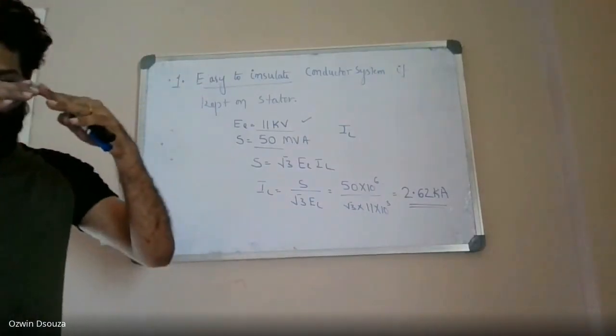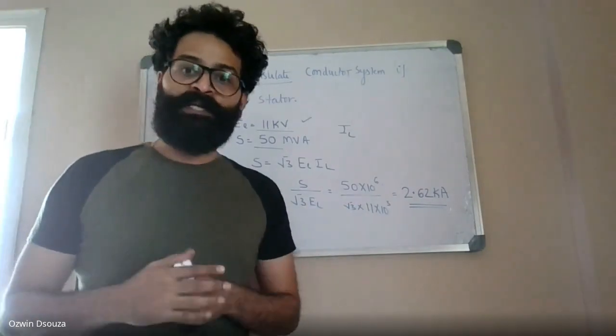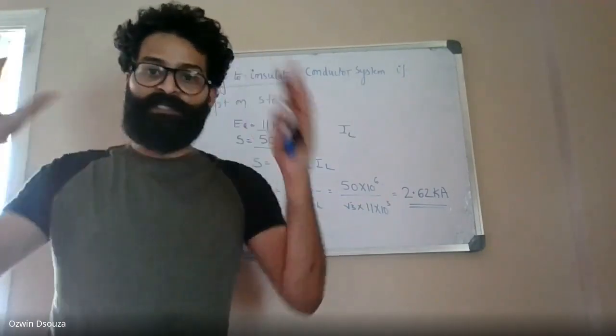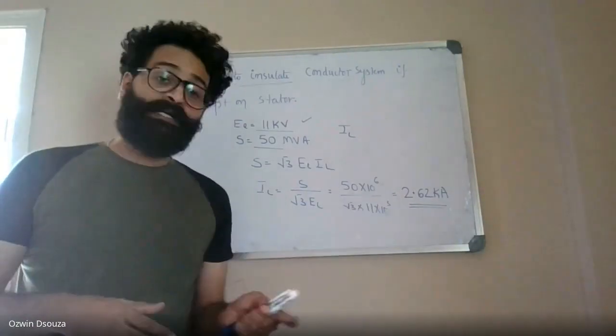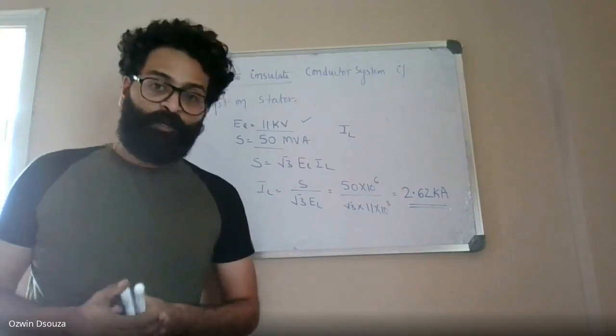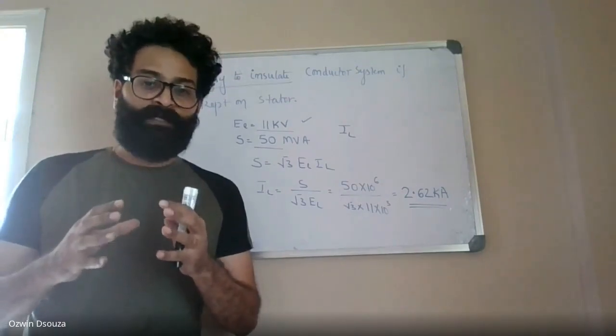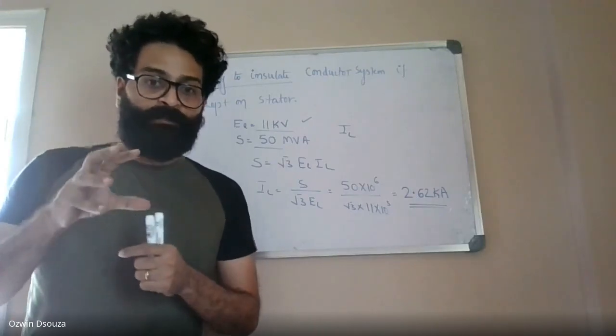Now, if you look at the space of a stator, you can always say that the stator will have a larger place to accommodate the conductors as well as the insulation. On the other hand, the rotor will have a smaller place, because the rotor is kept inside the machine.